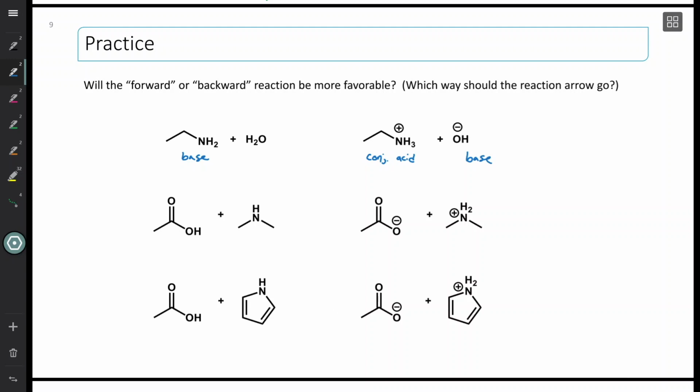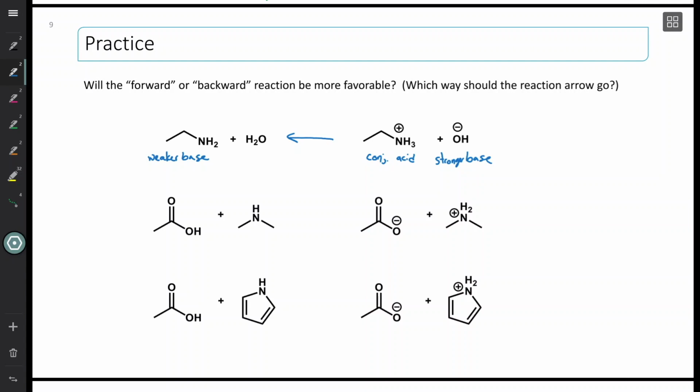The hydroxy group is a way stronger base than the amine. What does that mean? Maybe I can get a little bit of this to go, but as soon as I form this stronger base, it's going to deprotonate right back. It's going to take that hydrogen back and become water. So this is more favorable backwards. Opposite directions.